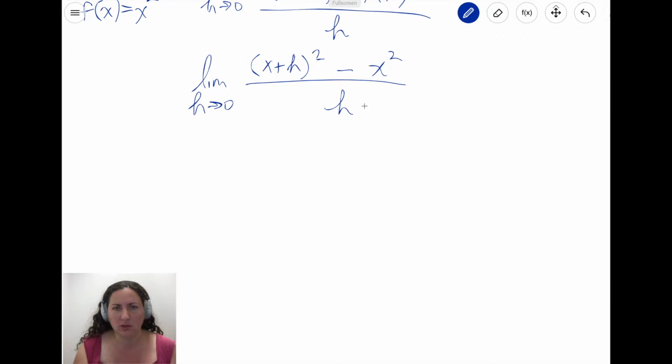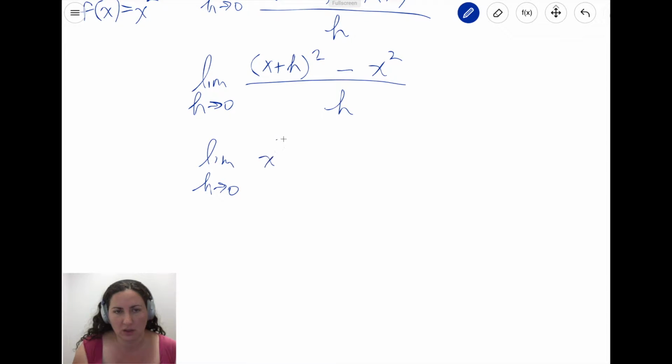So now we're just going to use our knowledge of limits. We're going to use techniques of evaluating limits to simplify this and get an answer. So I'm going to expand the x plus h quantity squared. So that's just multiplying a binomial using FOIL.